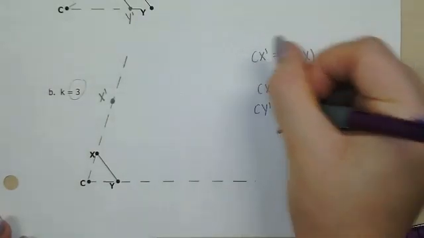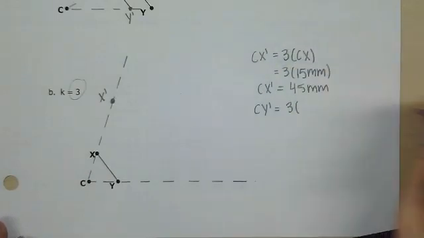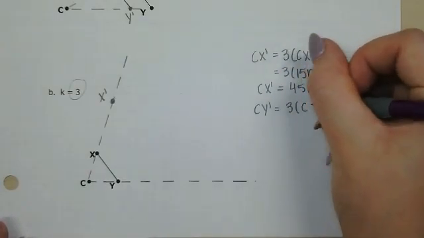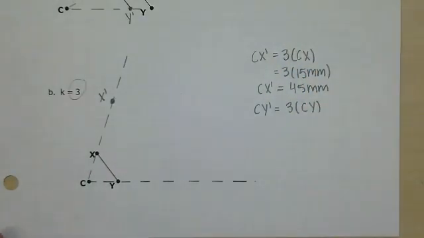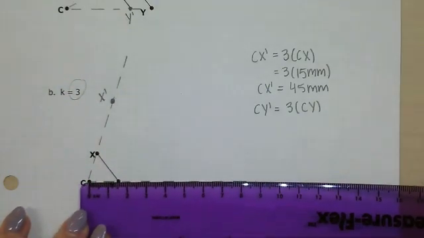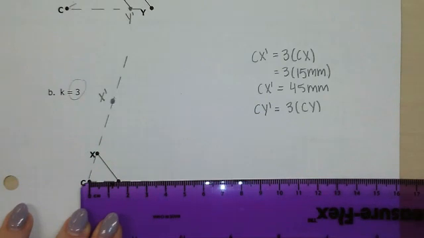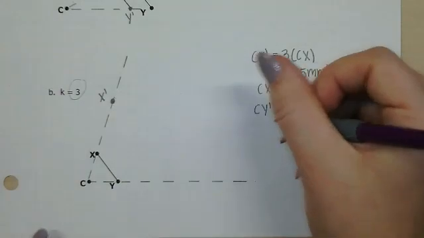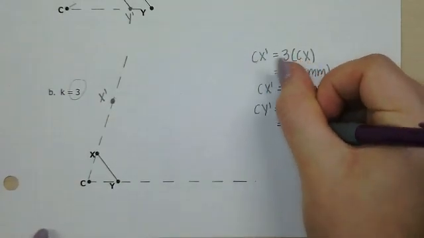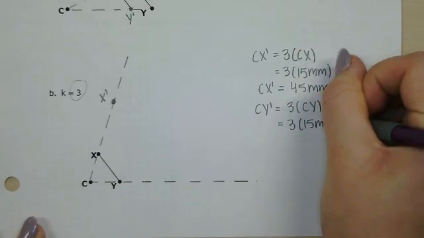All right, now I've got to do the same for y. So I'm looking for cy prime, which we'll find by multiplying 3 times the original cy. Okay, this one looks to be about the same size. So we'd have 3 times our 15 again.